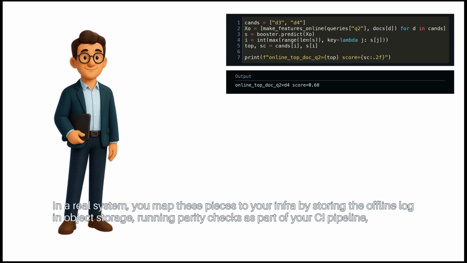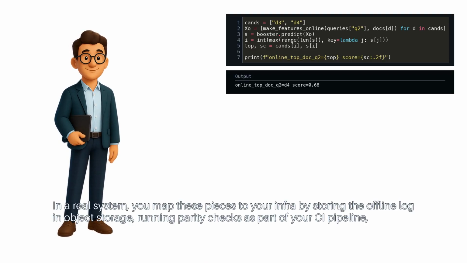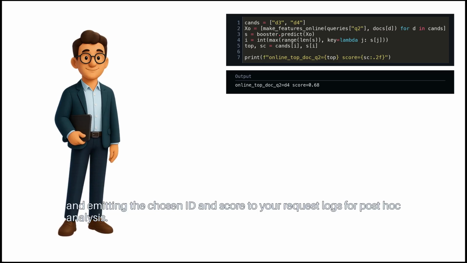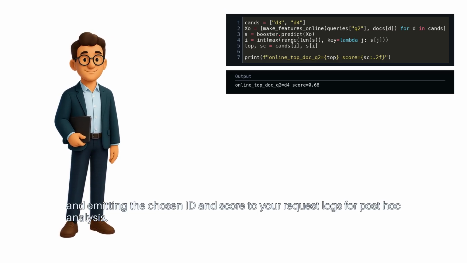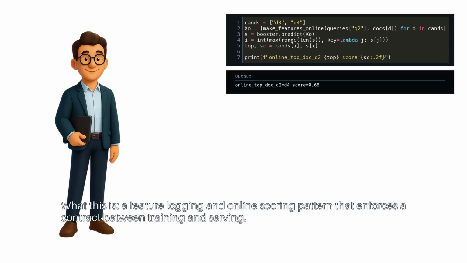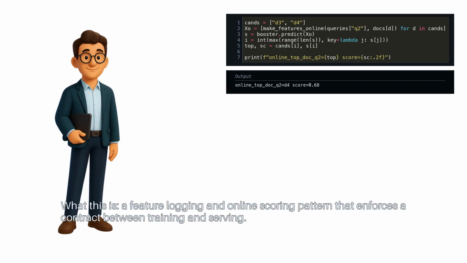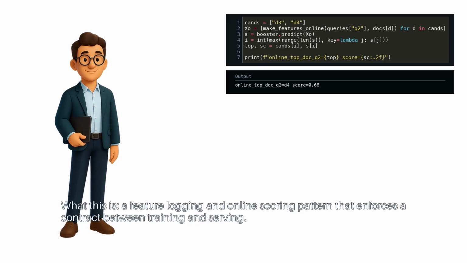In a real system, you map these pieces to your infra by storing the offline log in object storage, running parity checks as part of your CI pipeline, and emitting the chosen ID and score to your request logs for post-hoc analysis. Recap. What this is: a feature logging and online scoring pattern that enforces a contract between training and serving.